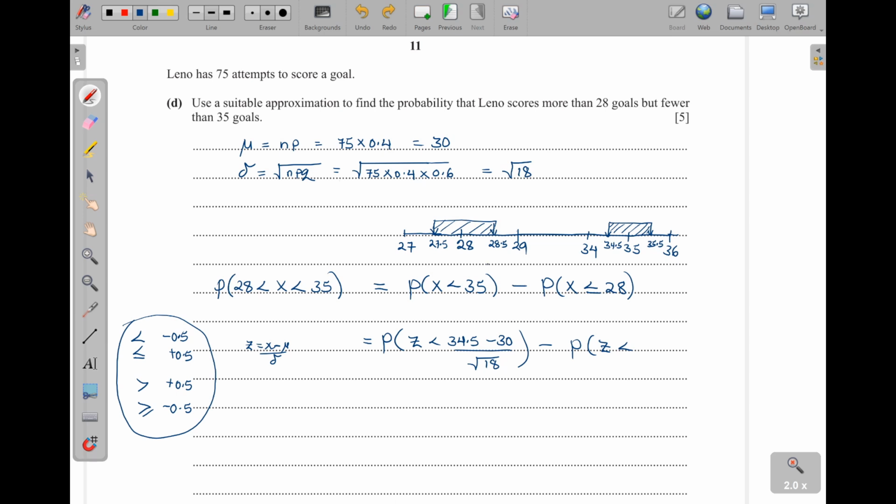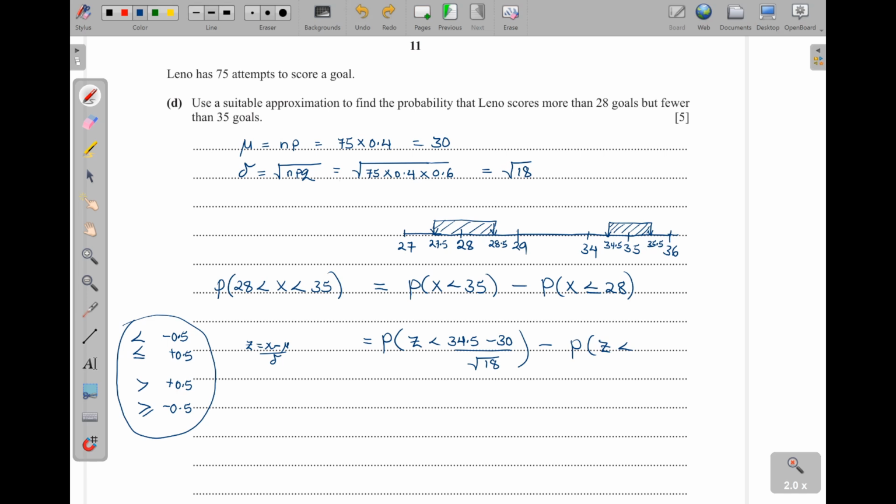So the numbers which are below 28.5, whatever you get will be 28 and less. So it is the whole of this one here. This is the highest, less than 28.5.